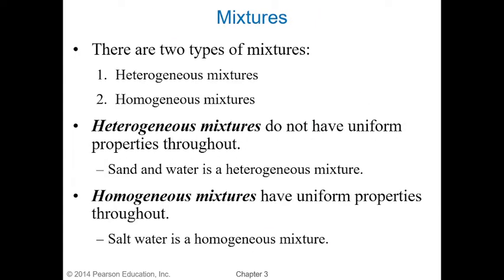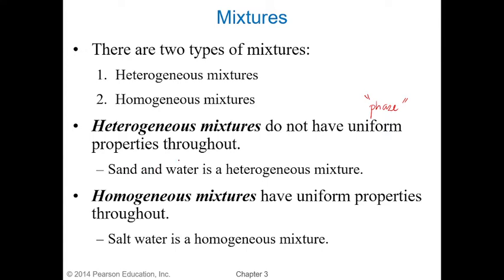So let's focus more on the mixtures first. Again, there's another subclassification for mixture. We have heterogeneous or homogeneous. What makes it heterogeneous is you will look at the phase. In a heterogeneous mixture, it doesn't have uniform properties throughout. For example, if you try to mix your sand and water, they don't mix, right?